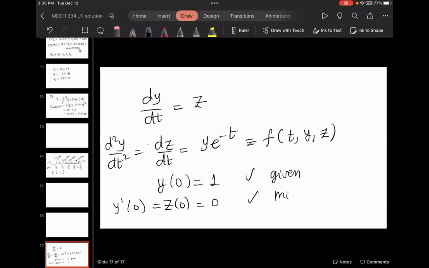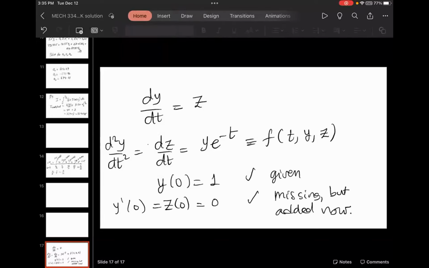So I'm going to fix it and repost that, but added now. Okay. So you have y of 0 equal to 1, z of 0 equal to 0. What you're asked to calculate is only y, but you can't calculate y alone. You have to calculate z and y simultaneously.